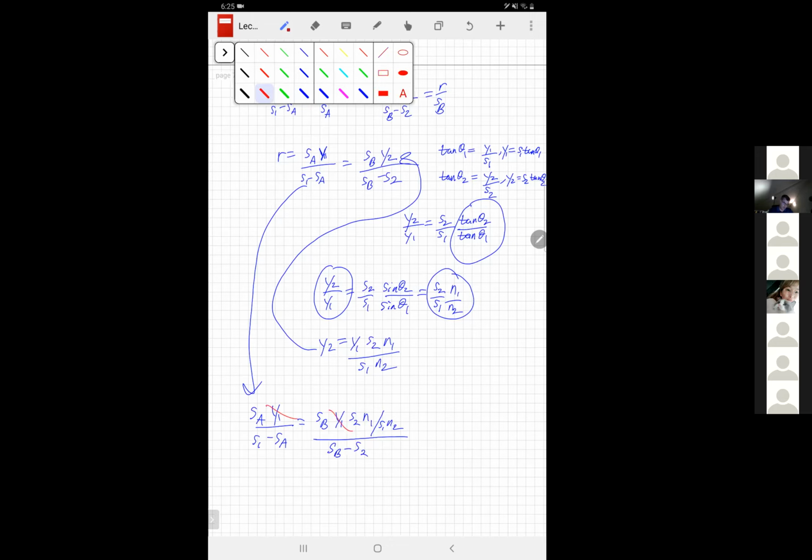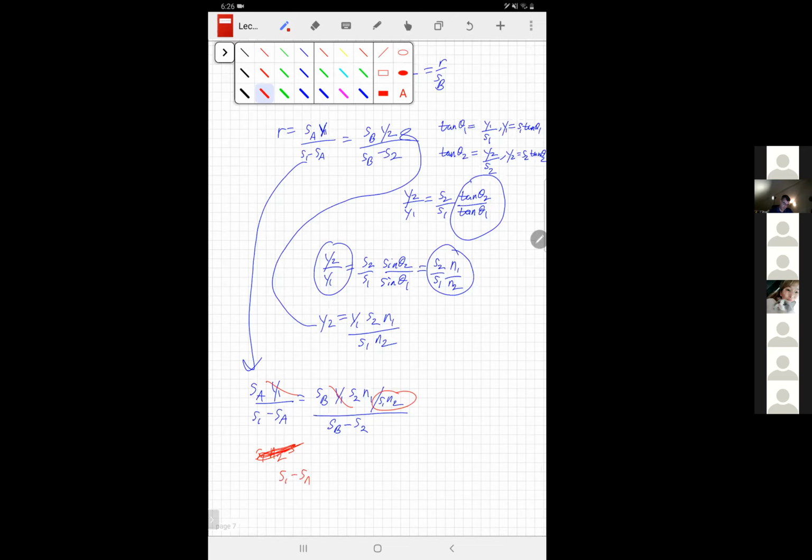Cancel the y1s. Let's multiply both sides by that so that we get S1, N2, S. Actually, no. Let's flip both sides.